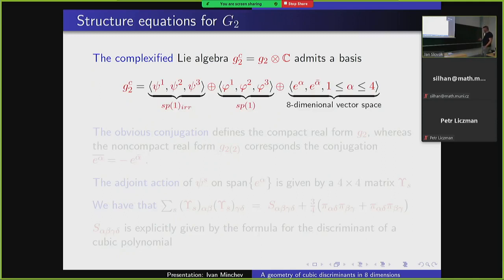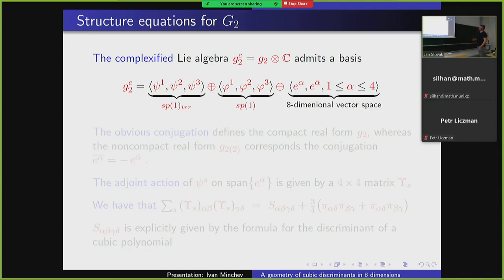So we just take the complexified Lie algebra, and then we can pick a basis for this Lie algebra in the following way. For the irreducible Sp1 inside, we take a basis ψ1, ψ2, ψ3, then the reducible part by φ, and then there is some 8-dimensional complement for which we use E_α and E_ᾱ, α being an index between 1 and 4.